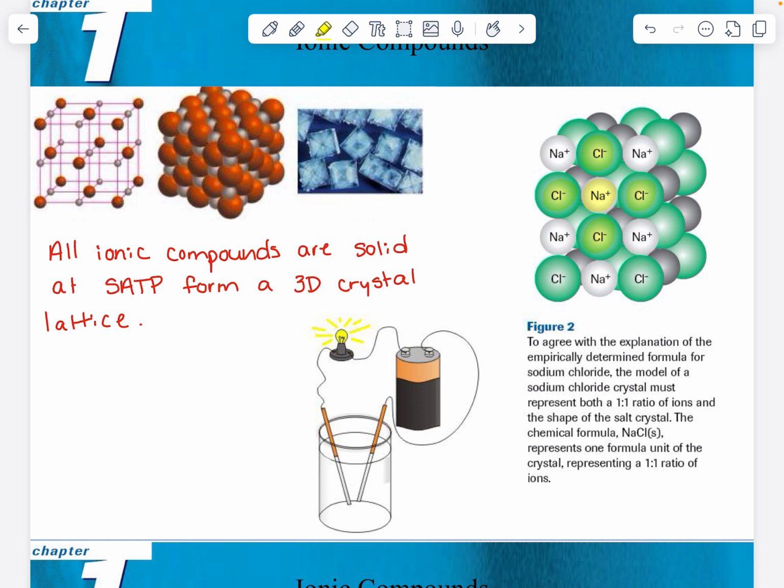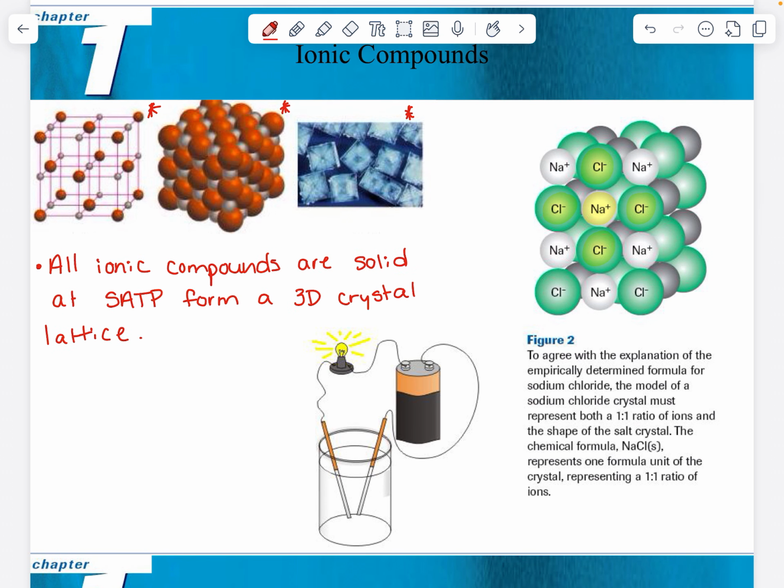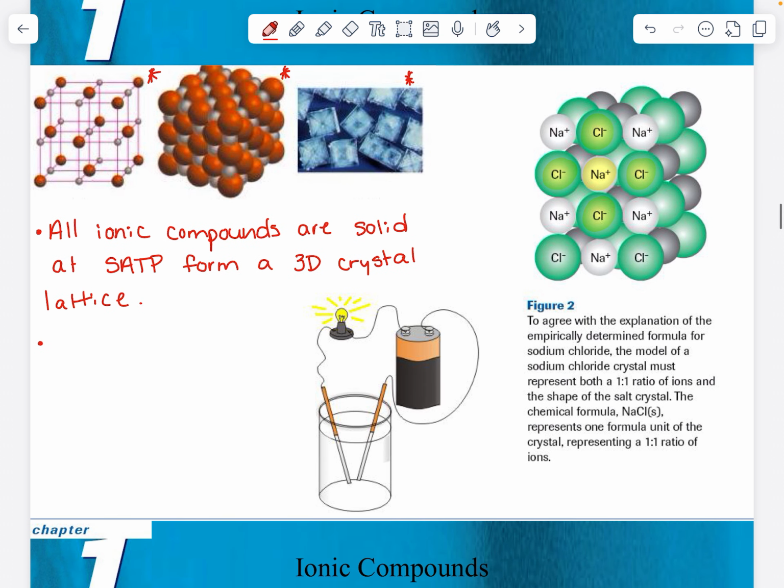And because they want to be surrounded by the opposite ion, they end up creating a cube-like shape. And you can see that represented in the top 3 diagrams. That's that crystal lattice shape that they're forming because of those opposite charges. Okay. So they're solid at room temperature.